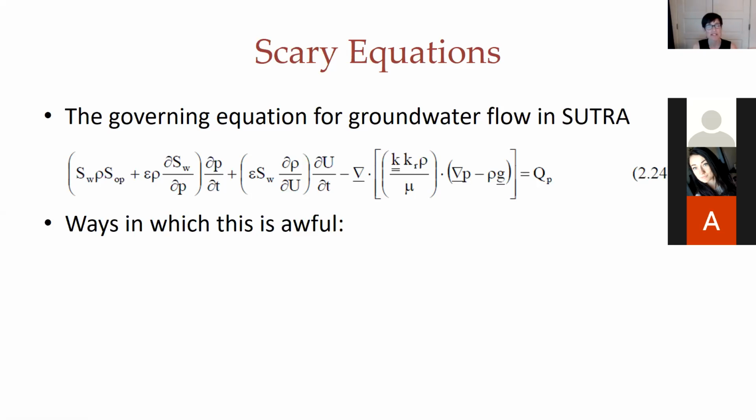So I went through the SUTRA documentation and I found the governing equation for groundwater flow, and this is what it looks like, right? So let's just look at it and think about what makes it so bad. What are some things that just make this equation completely perplexing?